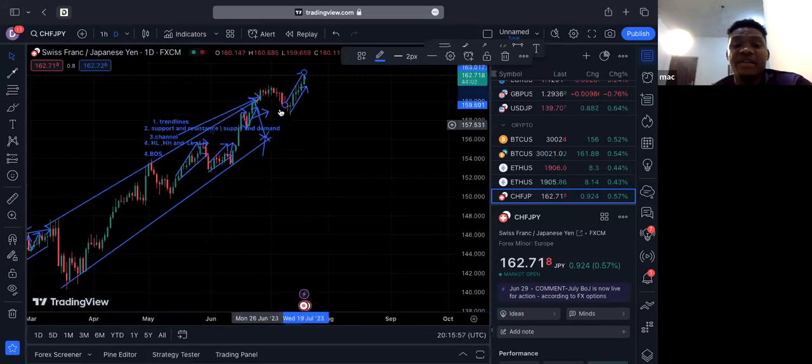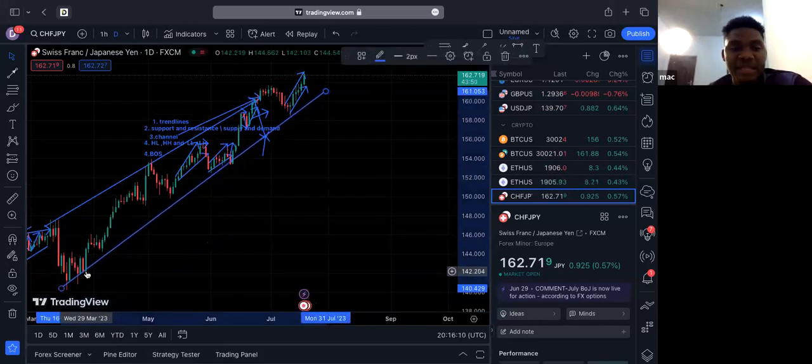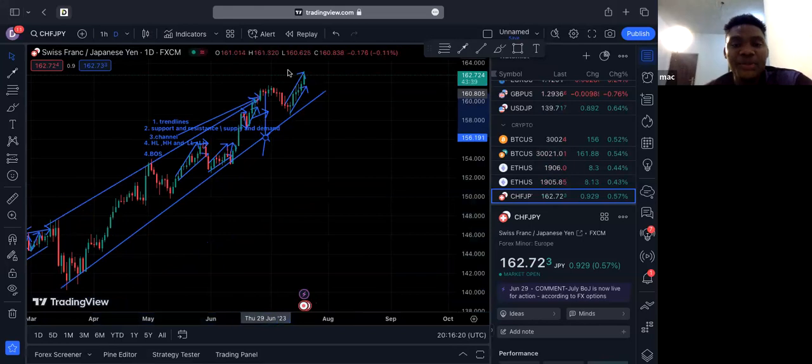It has been buying since March the 17th this year. And why buying? It has been beautifully maintaining support since March the 17th this year. And why maintaining support as well?